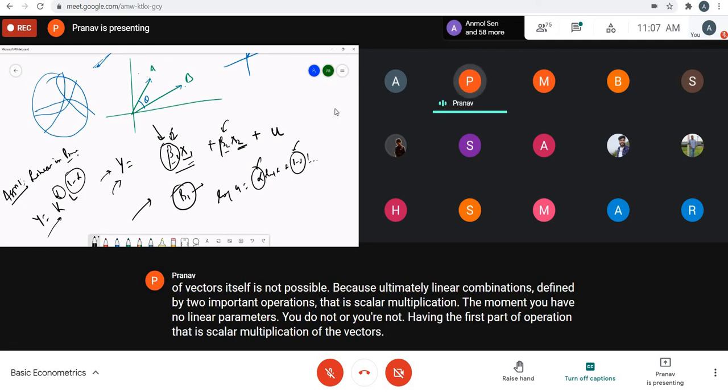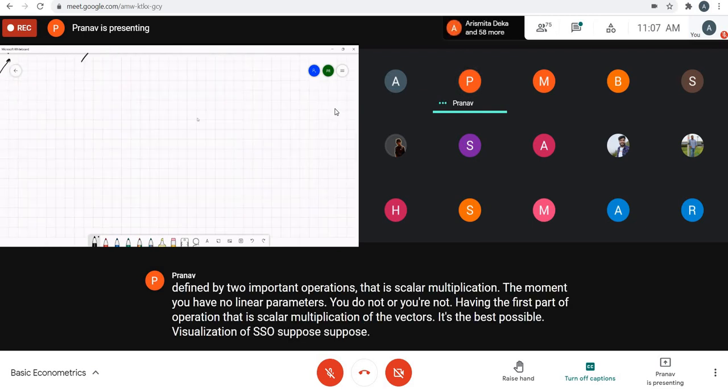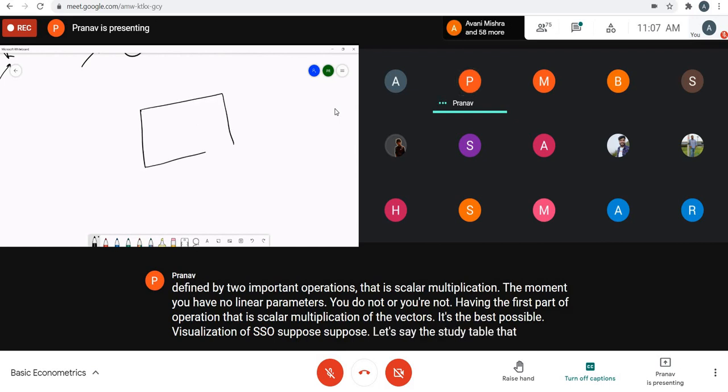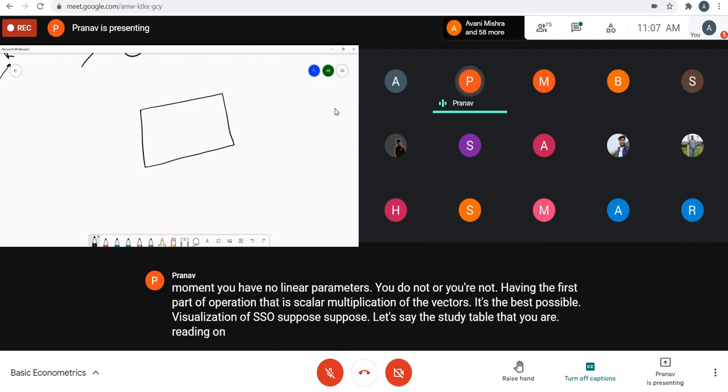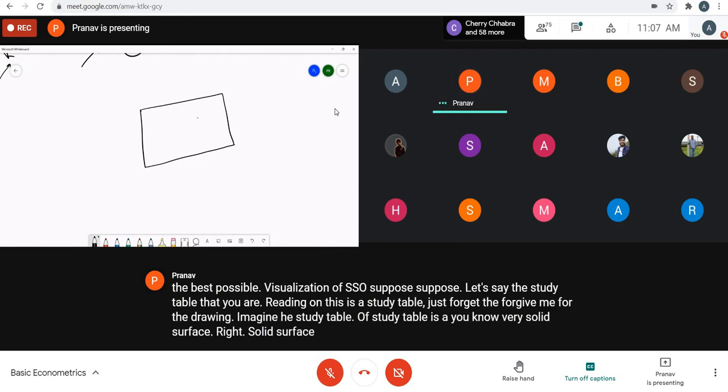And इसका best possible visualization आप ऐसे सोच सकते हो. Let's say the study table that you are reading on, just forgive me for the drawing. Imagine ये study table है. A study table is a very solid surface. Very solid surface means what?